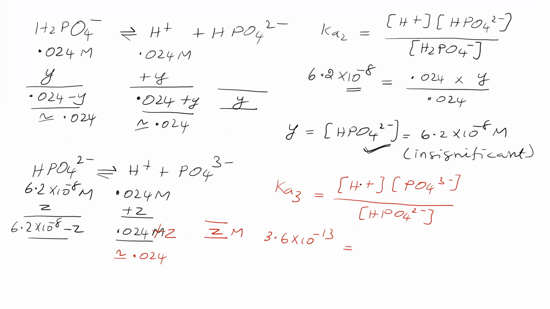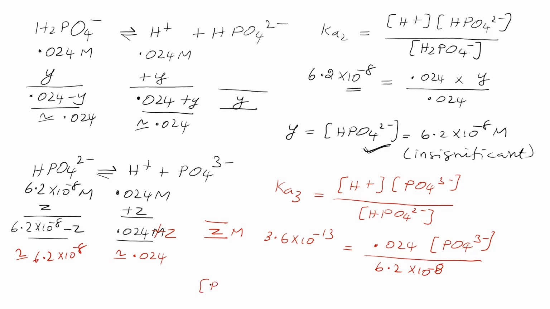Because this Ka3 is 10 power minus 13. Then the phosphate concentration we have to find. For HPO4 2 minus we also neglect Z, so we take 6.2 into 10 power minus 8 as it is, and substitute it.